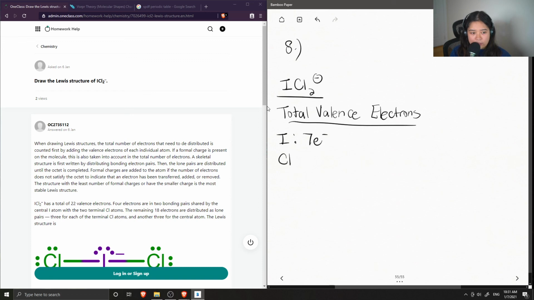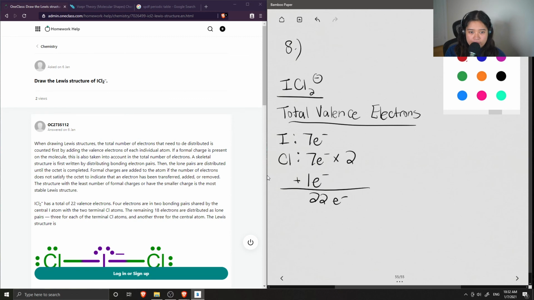And for chlorine, there is also 7. And we have 2 chlorine atoms, so we multiply this by 2. And the entire ion has a -1 charge, so I'm going to add an additional electron to our count. So now this gives us a total of 22 valence electrons.